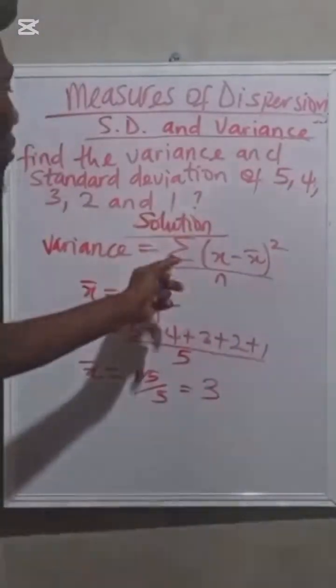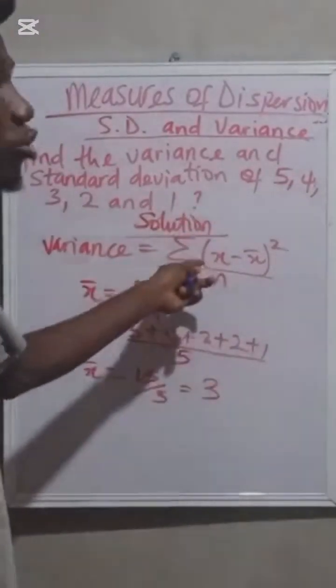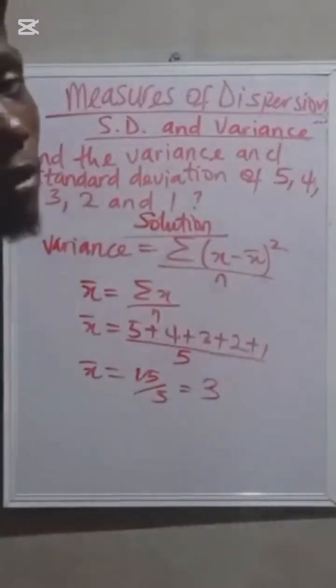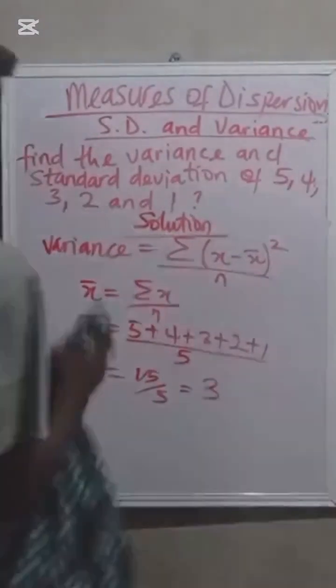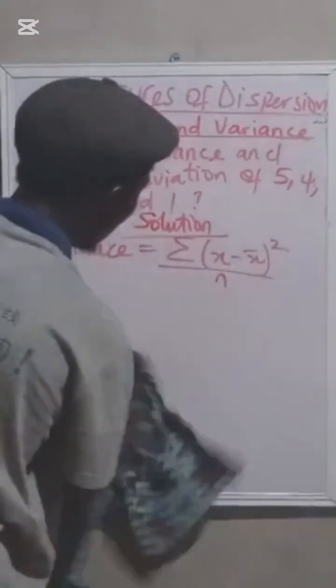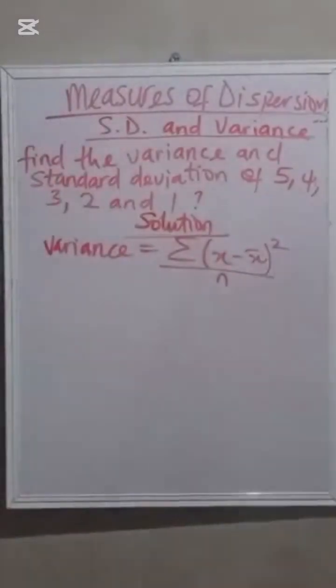So you come back to your formula and substitute this in, so that we'll be able to get our variance for this question. We have our mean to be 3, right?